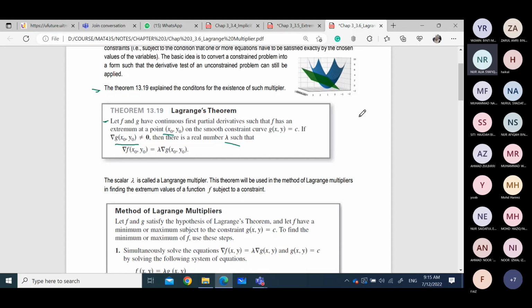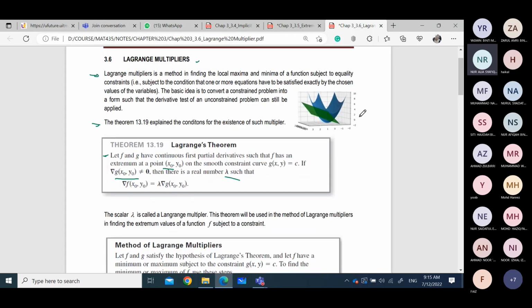So again, for Lagrange multipliers, usually we will use it if we want to find a local maximum and minimum with a constraint. Okay, so the constraint is another surface or plane. Let's look at this diagram, or this figure.